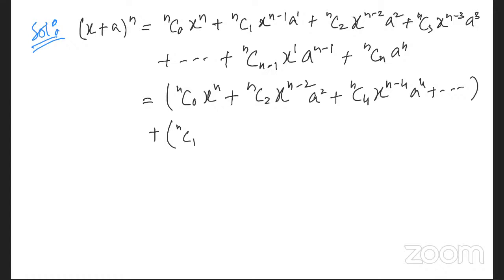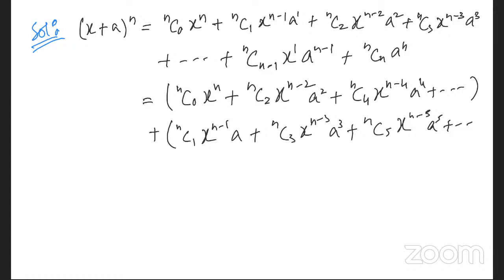nC1 x to the power of n minus 1 into a plus nC3 x to the power of n minus 3 a cube plus nC5 into x to the power of n minus 5 a to the power of 5 plus so on.